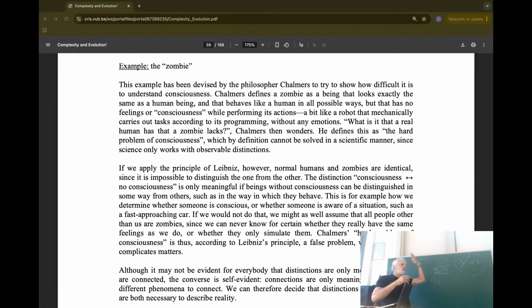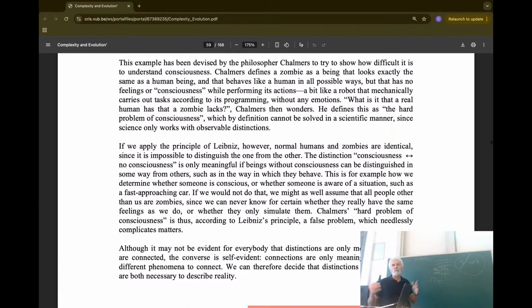If whatever I can say about category X, I can also say about category Y and vice versa, then X and Y are the same thing. And that is a very useful principle, because indeed, if you start by assuming that there are zombies and that there are humans, and then come to the conclusion that there isn't any difference, then the logical conclusion is, well, zombies and humans are the same thing. There just is one category.